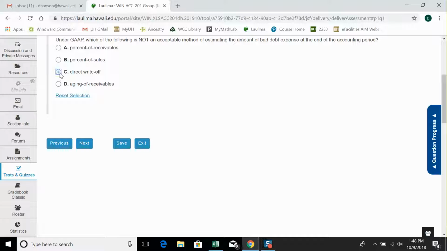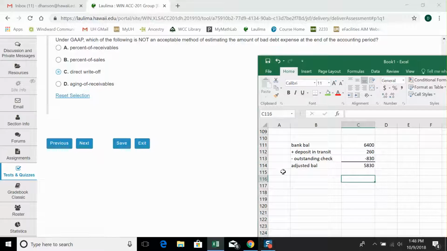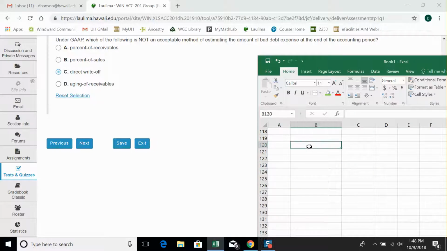That's the one that is not an acceptable method of estimating the amount of bad debt expense. Really, there is no estimate done in that situation. You just write the receivable off as something goes bad, so you're not really achieving the matching principle.